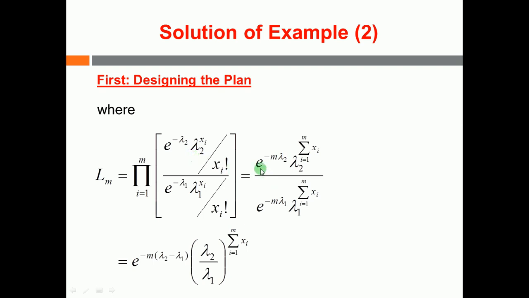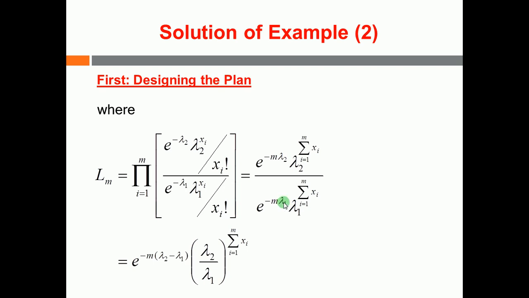So here we have e to the power lambda 2, this is a constant, so the multiplication would change it into e to the power negative m lambda 2, and then the multiplication would change the power of lambda 2 into summation xi. The same would happen in the denominator. The only change is that we are working on lambda 1 instead of lambda 2.